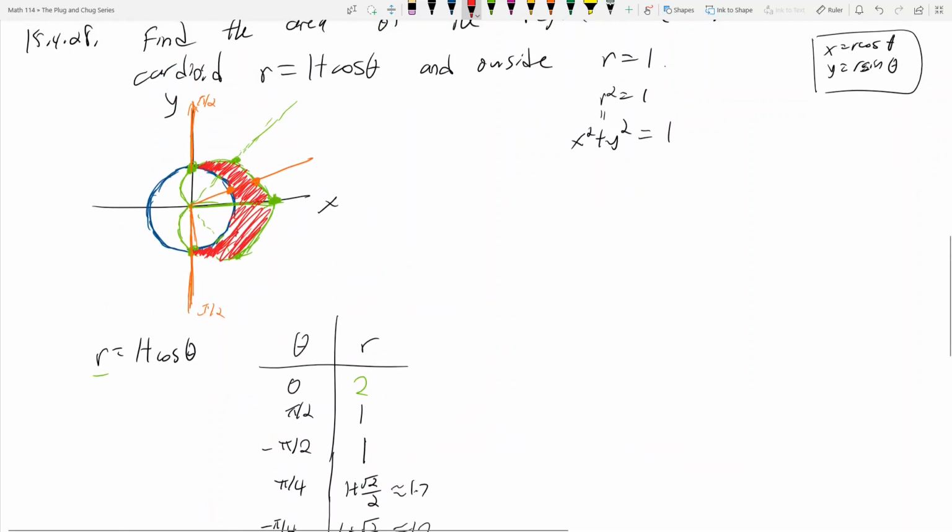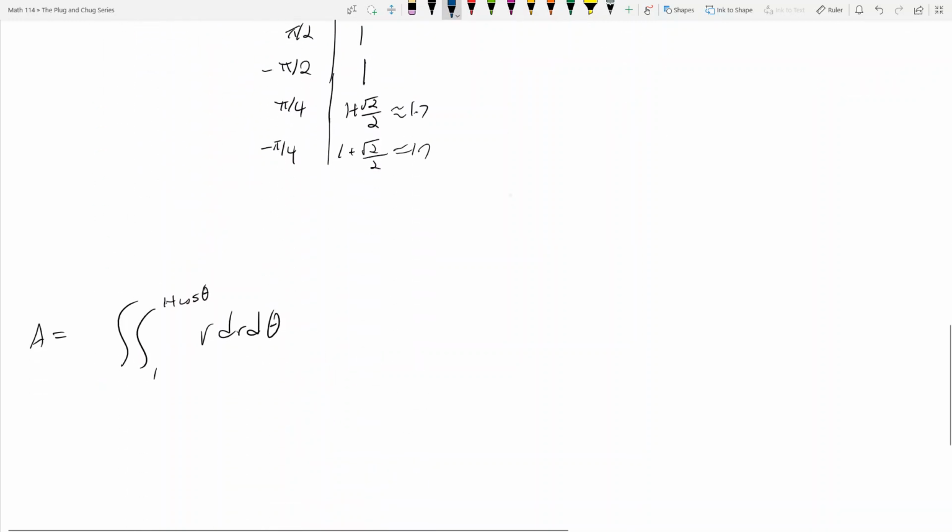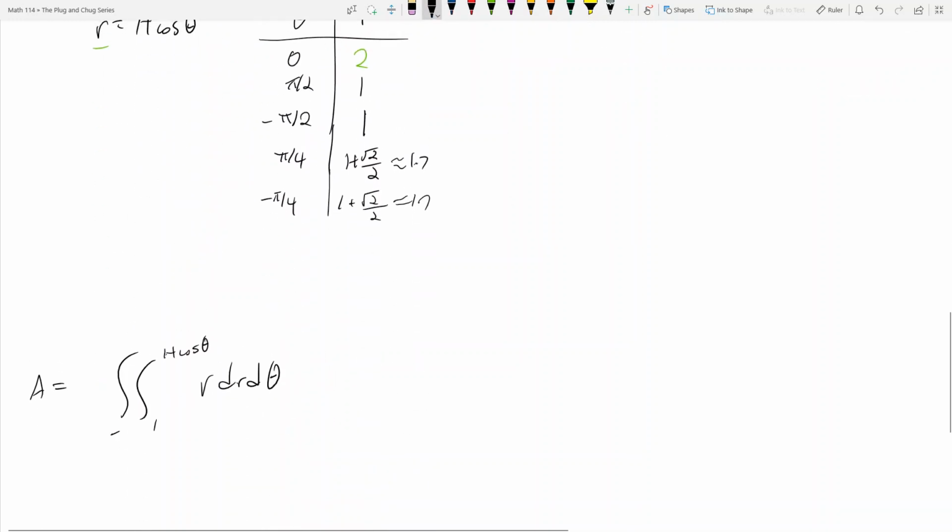Another way to see it is that my region is in the positive x plane. It's only in this positive x region right here. When we're only in the right half of the xy plane, that's another way you can tell that your bounds are going to be from negative pi over 2 to pi over 2.